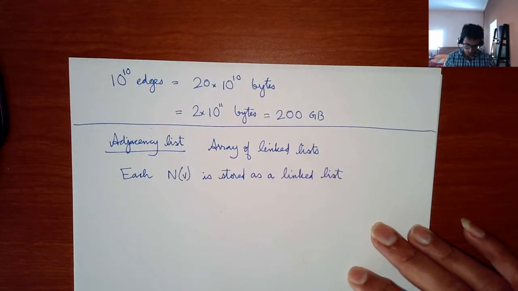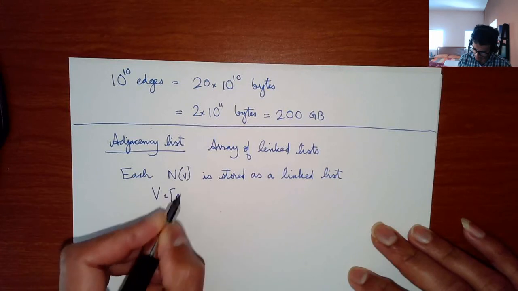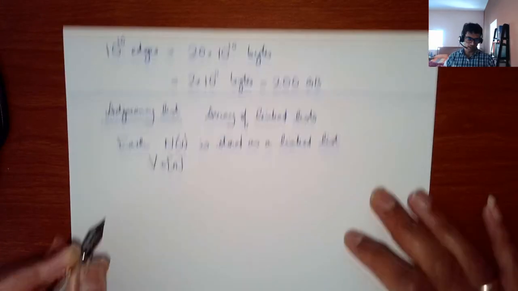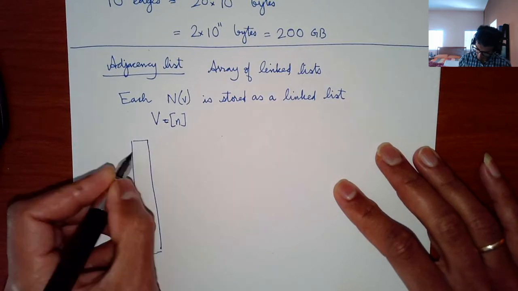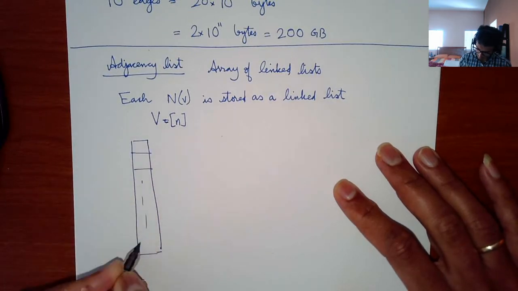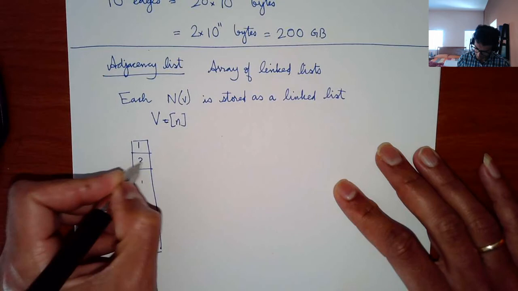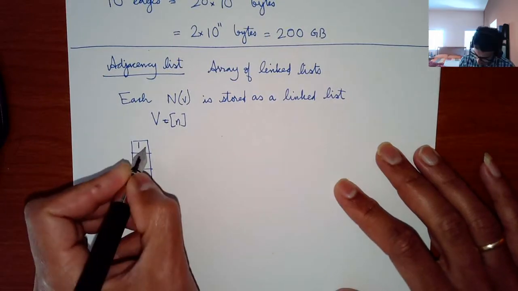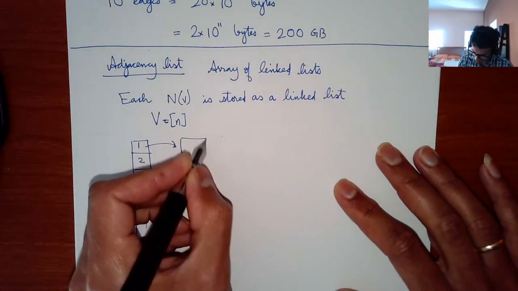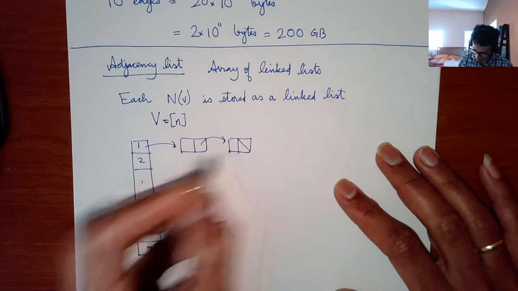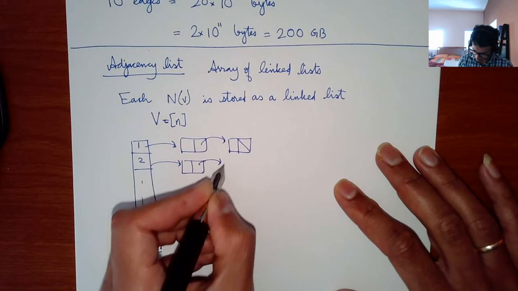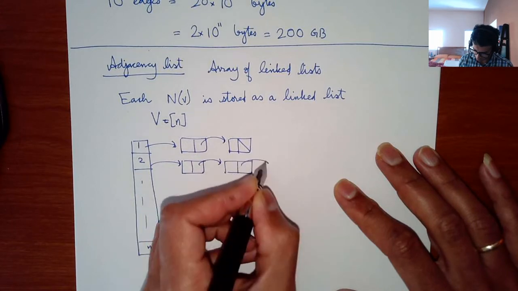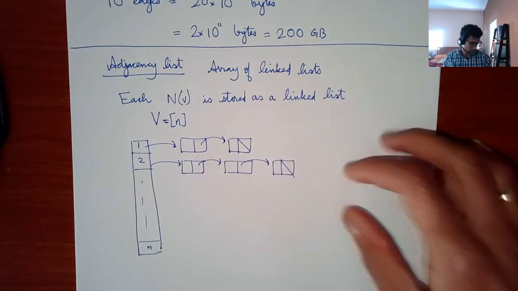So if we think of the vertices just being the first n natural numbers, so this is vertex 1, 2 up to n, what you have is a linked list that stores each neighborhood.